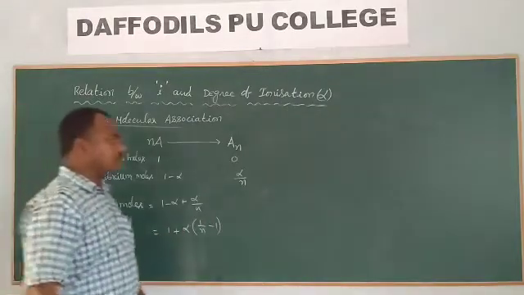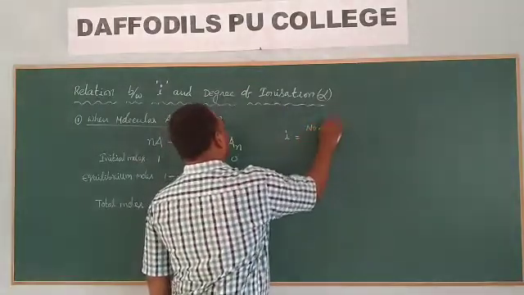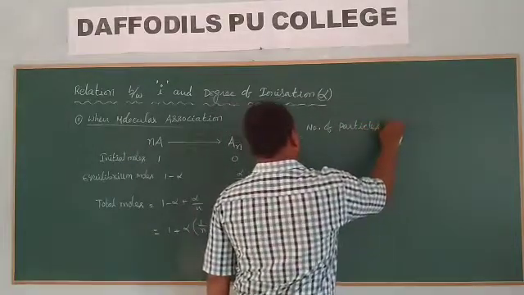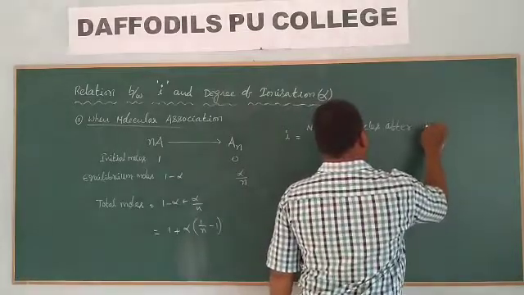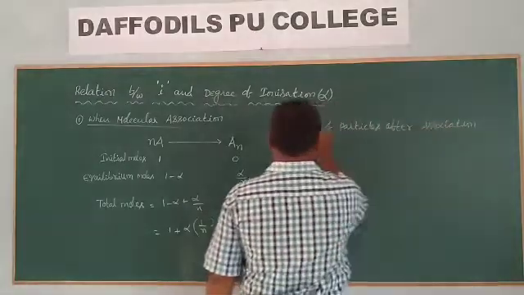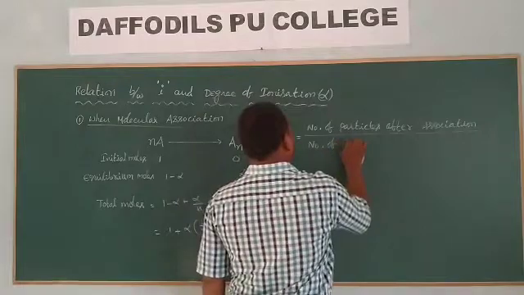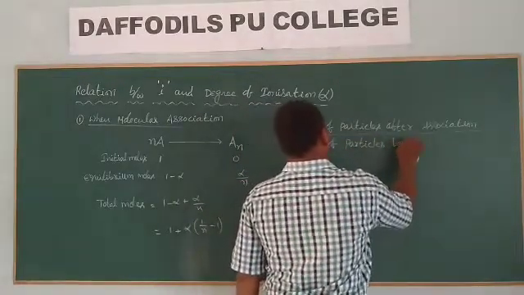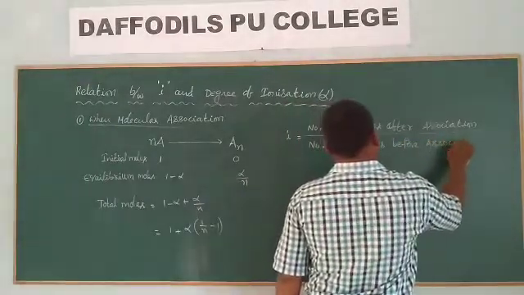Now I will substitute this into Van't Hoff's factor. i is equal to the number of particles after association by the number of particles before association.